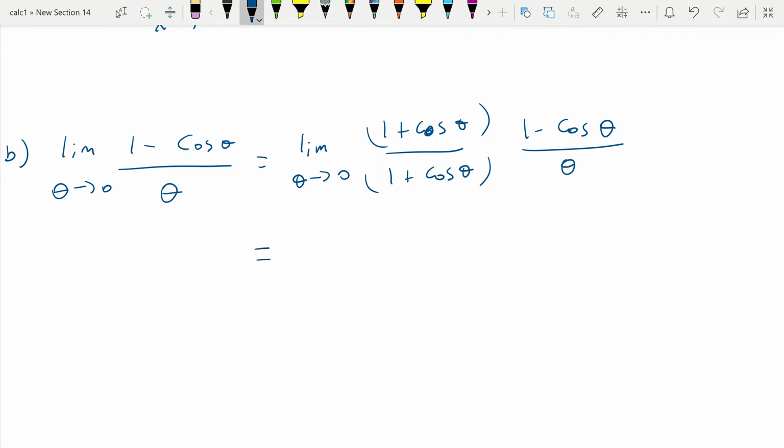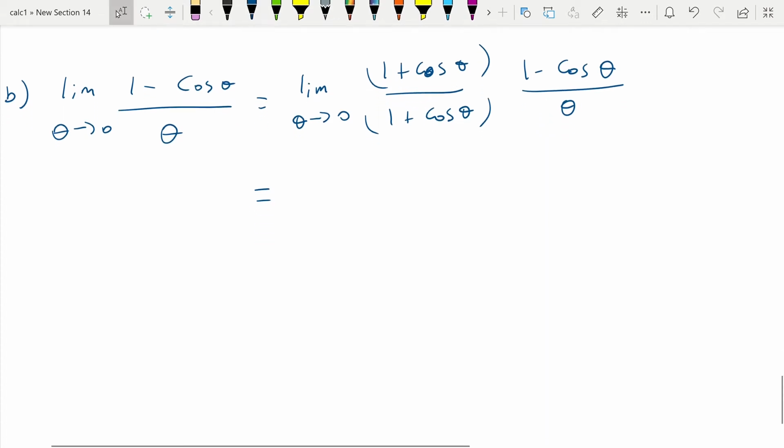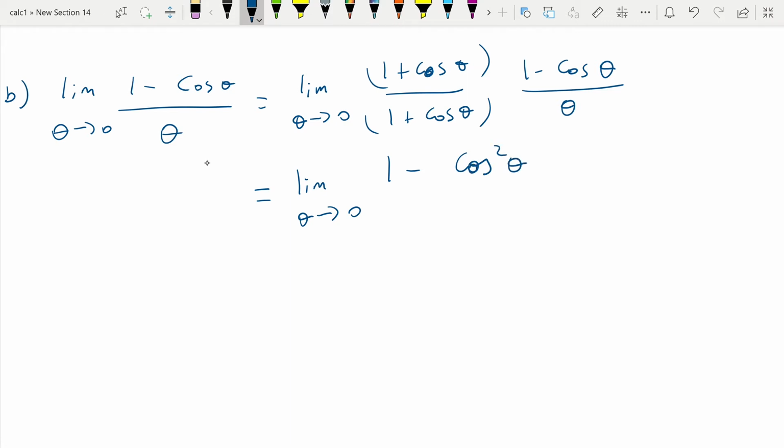We're just multiplying by 1, and we get the limit as theta approaches 0 of 1 minus cosine squared of theta divided by theta times 1 plus cosine of theta.